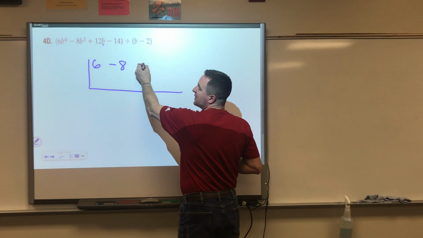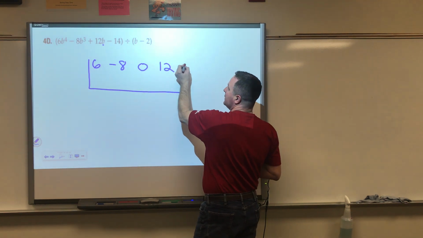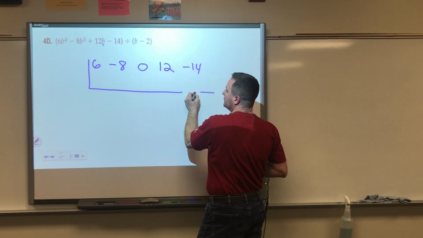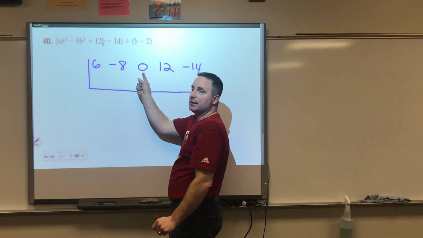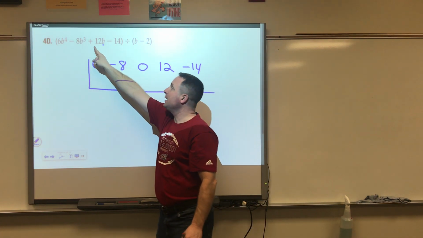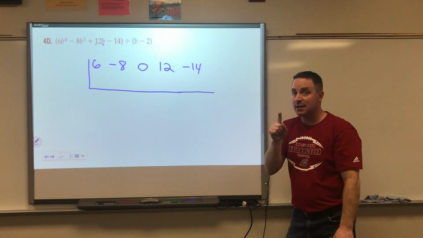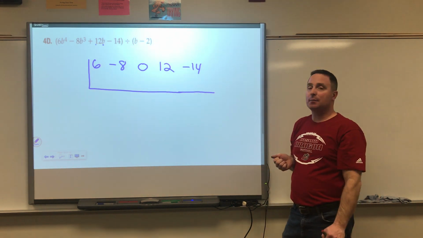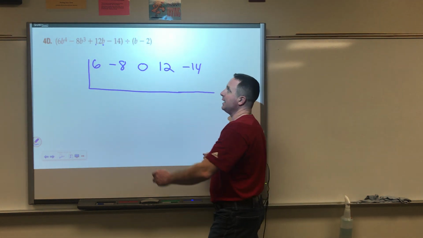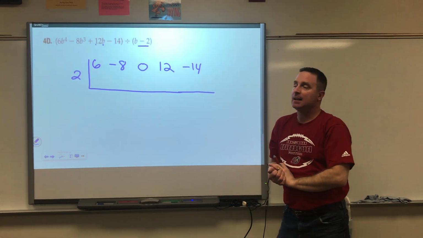So I have to put in a 0, b squared, and then 12b, and negative 14. So once again, same with long division, we have to do it here also. We have to put in a 0 if it's missing a power. So always, always check that carefully. You don't see it a lot, but you are guaranteed 100% chance of seeing it. Okay? And then that says b minus 2, so I'm going to put a positive 2 out front.